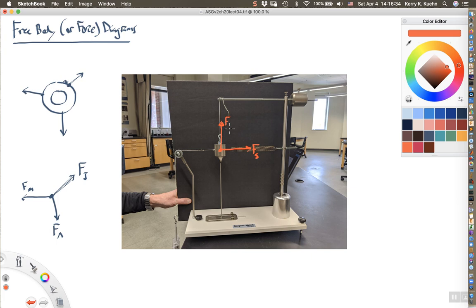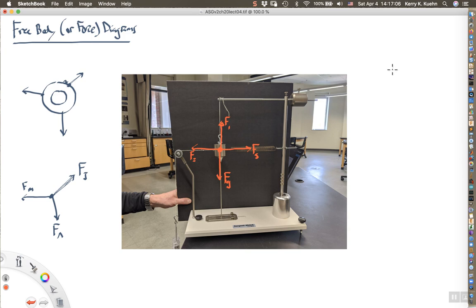That's the force with which this string is pulling upward. Then there's another force, I'll call this force 2. That's the force with which this string is pulling on the mass. And finally, there's the force of gravity pulling downward. So we have four forces acting on this mass.